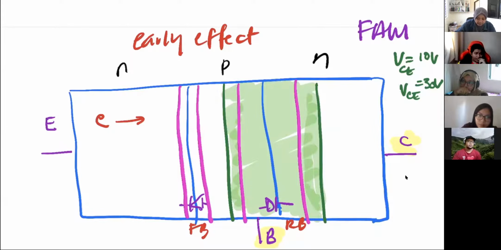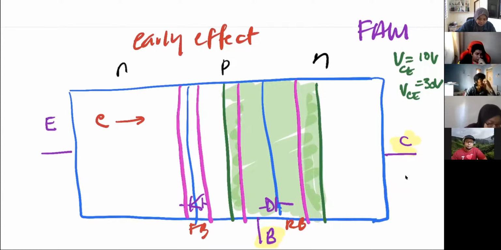From emitter to base, is it drift ke diffuse? Diffuse. Okay, Anas kata diffuse, Afiq kata diffuse. So jawapannya forward bias kan? Forward bias, diffuse. Okay, that's why you have lots of current.